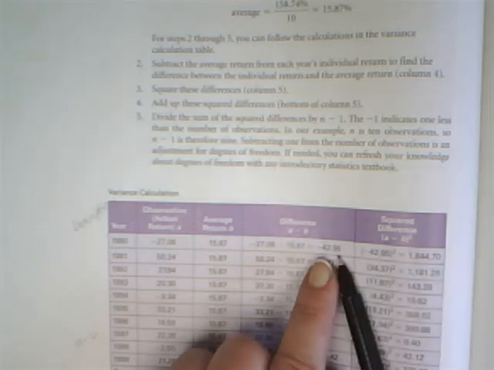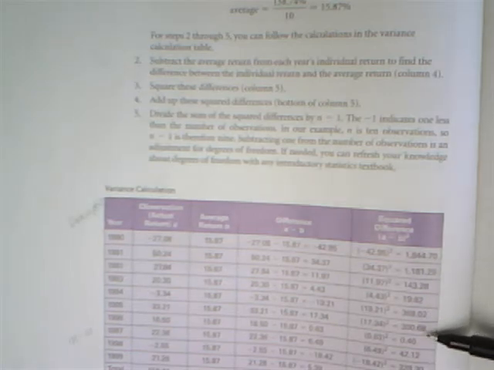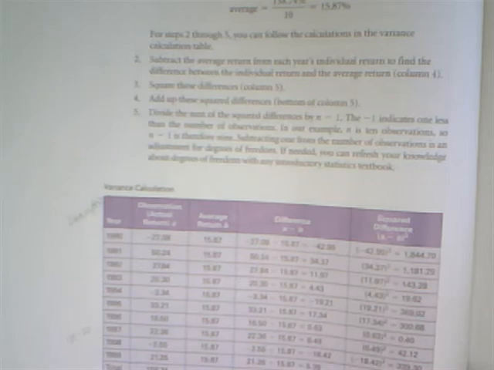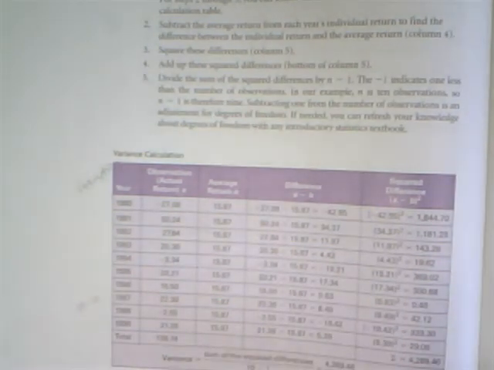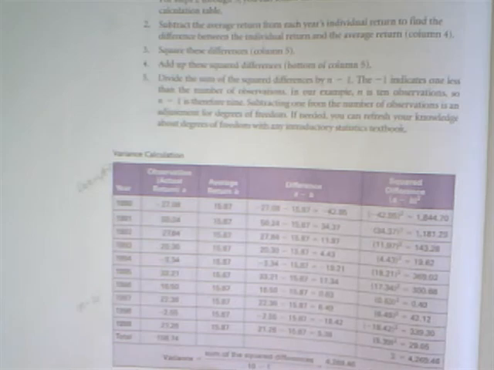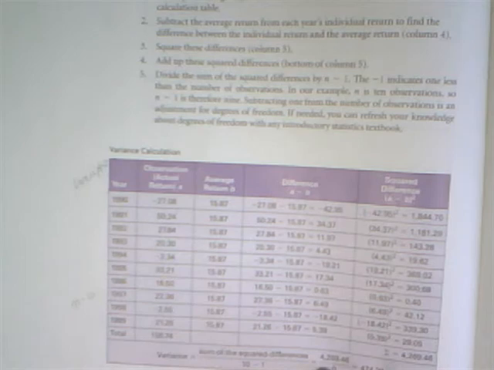So we have negative 42.95 squared equals 1,844.70. We do this with each line. And then we add the answers together, and that gives us the sum of the squared differences. Now to calculate the variance, you can see this on the last line of the table, we divide the sum of the squared differences, which is 4,269.46.